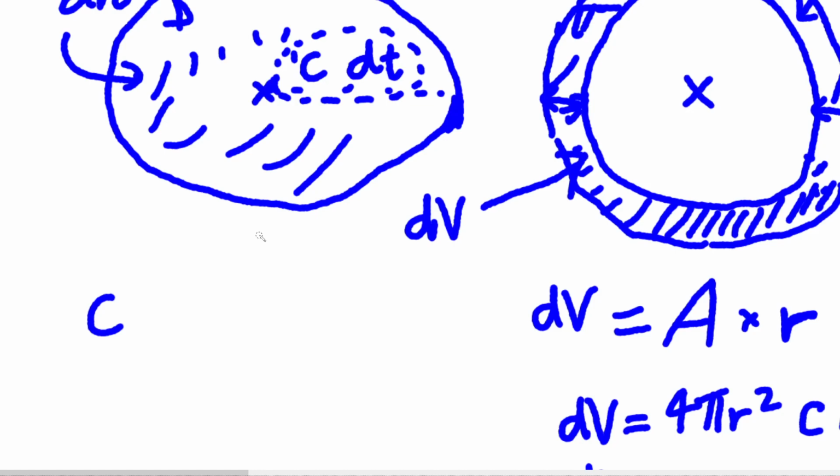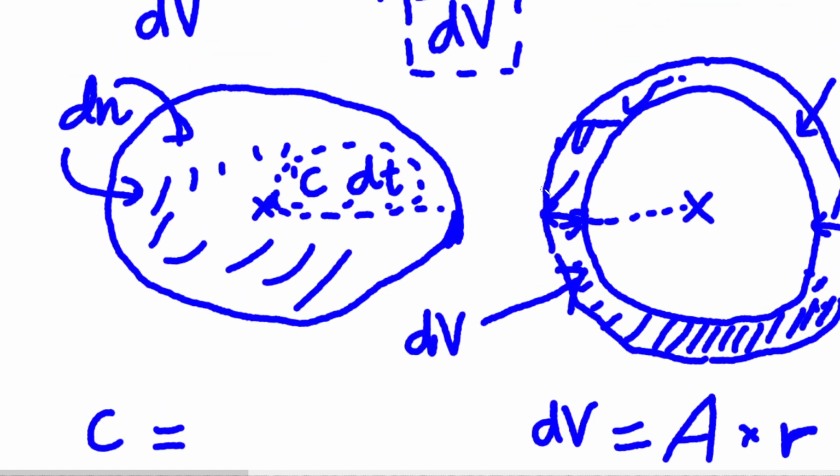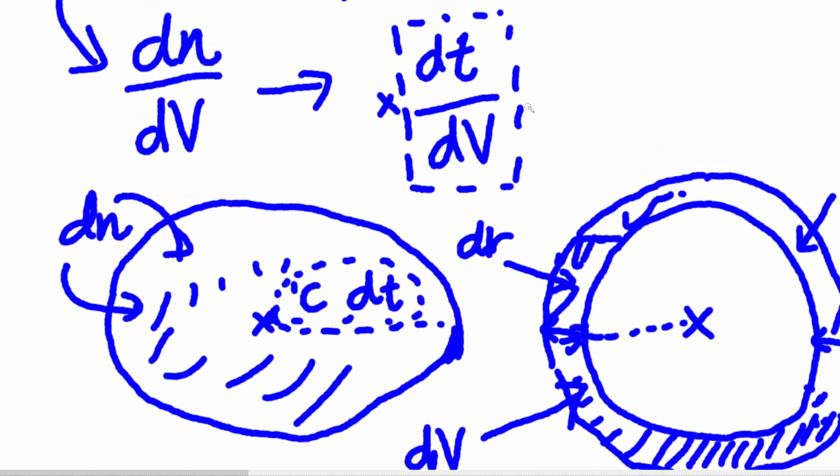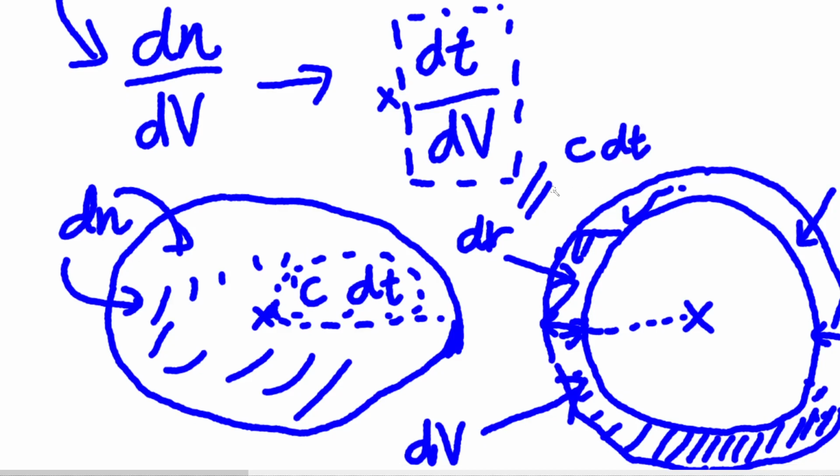C is the speed of light. It is essentially how fast this radius of the shell increases, because we know that this shell is always going to have the same thickness dr, which is equal to the speed of light times dt, this particular value.